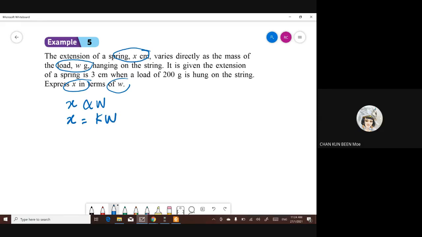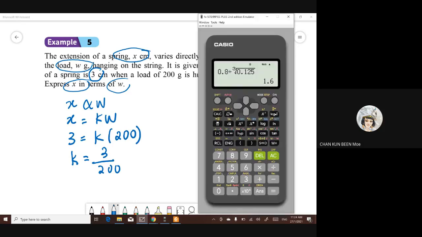So you're given the extension of a spring is 3 centimeters. So it will be 3 equal to K times 200. Okay. Then to find out the value of K, it will be 3 over 200. So you can press your calculator again here. 3 divided by 200 is equal to 0.015.